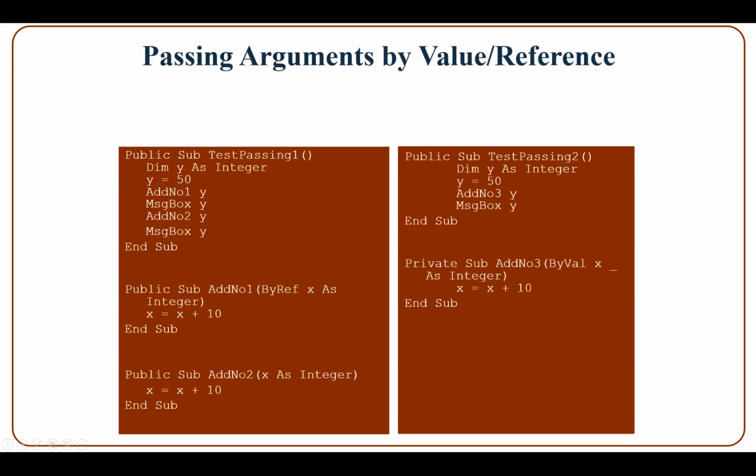You add 10 to the content in x, or actually y, and store 60 to x. When the sub-procedure finishes, the change to x and actually also to y is still kept. So when you display the content of y, it shows you 60.